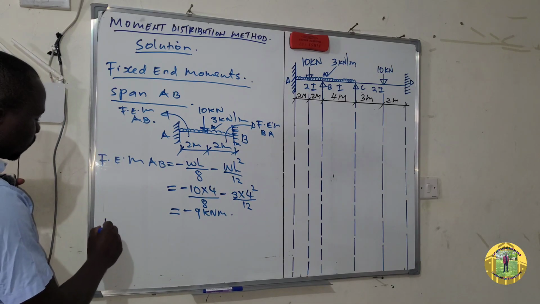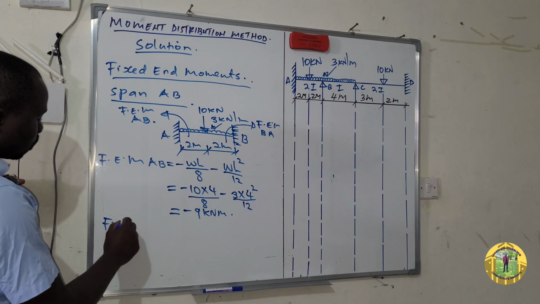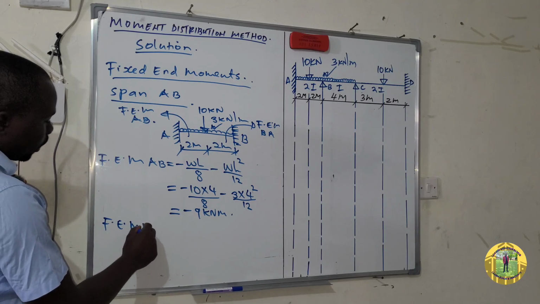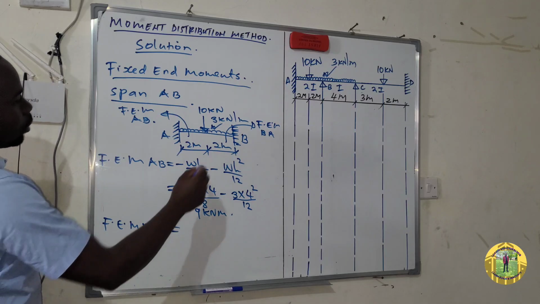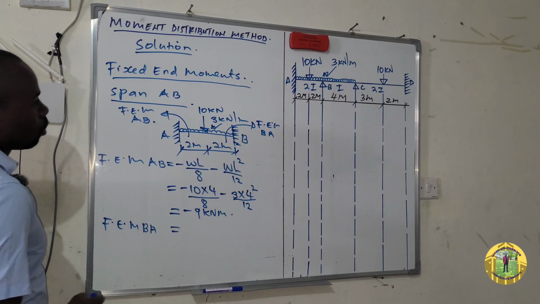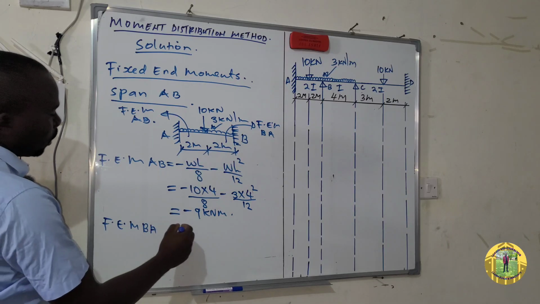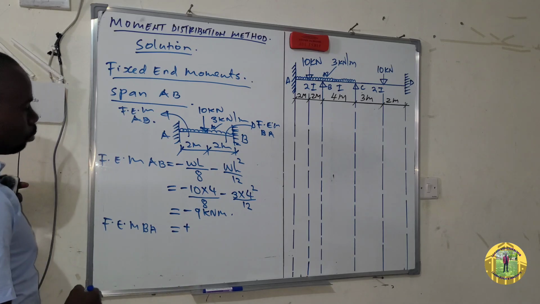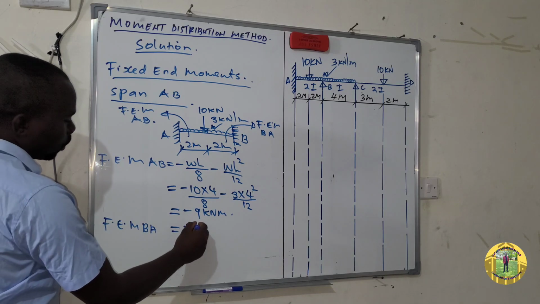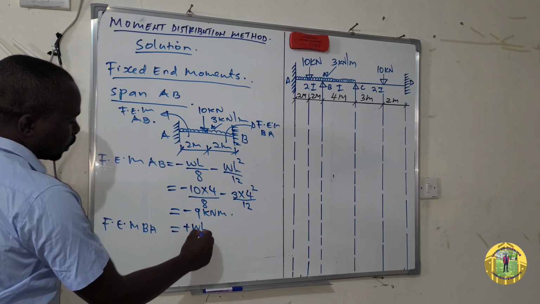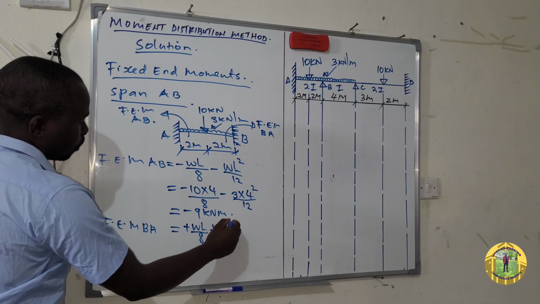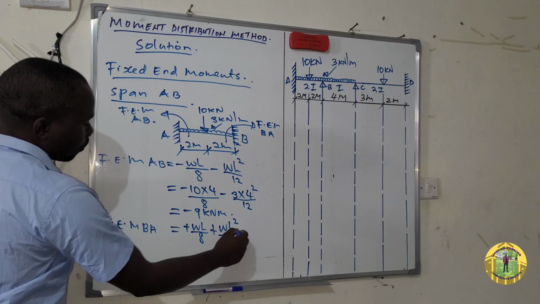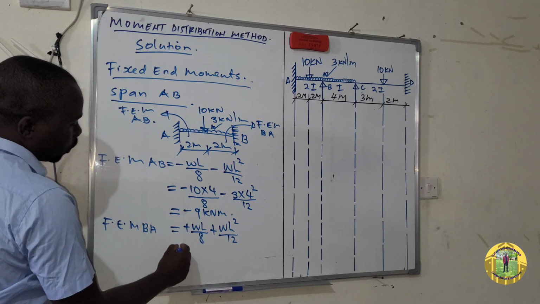Then we proceed to fixed end moment BA. For BA, as you can see, it is moving in the clockwise direction, so this one would be plus. We start with the point load, plus WL all over 8, plus WL square all over 12 for the UDL.